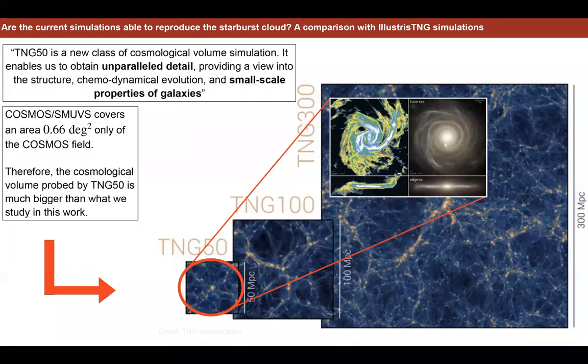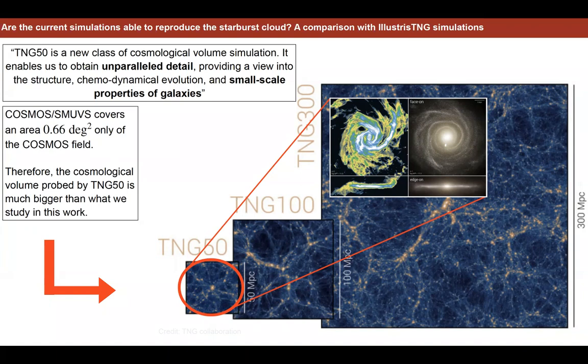And so the TNG50 is much bigger than the comoving volume probed by S2COSMOS. Moreover, we decided to consider TNG50 because, compared to TNG100 and TNG300, it is characterized by detail even at small scales.